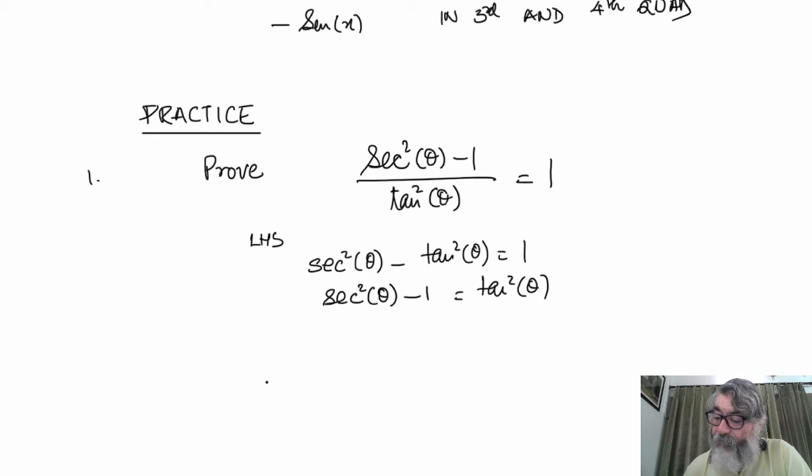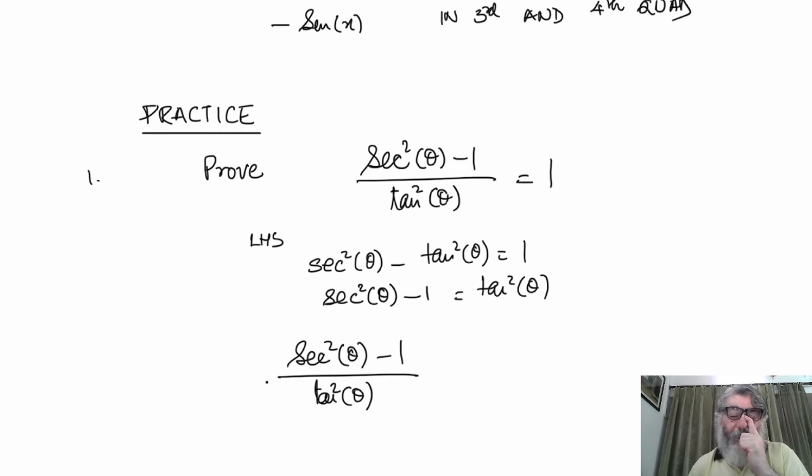And left hand side, what was there? Sec square theta minus 1 upon tan square theta. So in place of sec square theta minus 1, I can replace it by tan square theta. I can write it to be tan square theta upon tan square theta.